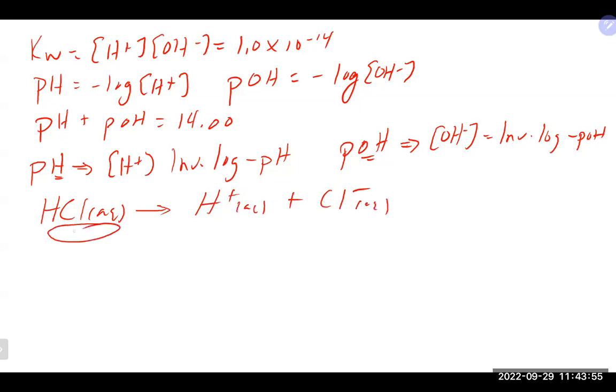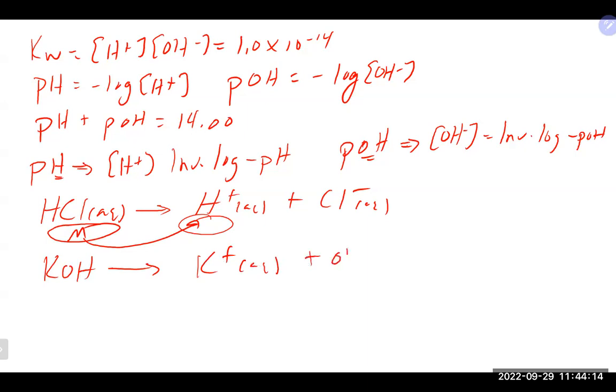And if you know the molarity of this, that should allow you to get to the molarity of the H plus and also calculate the pH in that particular case. You could also do the same thing for a strong base, like KOH, for example, K plus and OH minus. And once again, if you know that concentration, it could get you there.